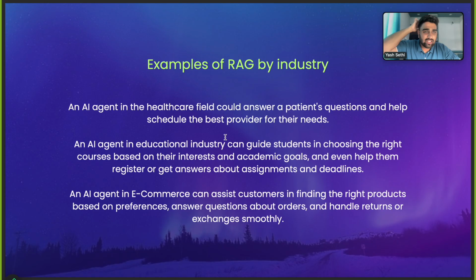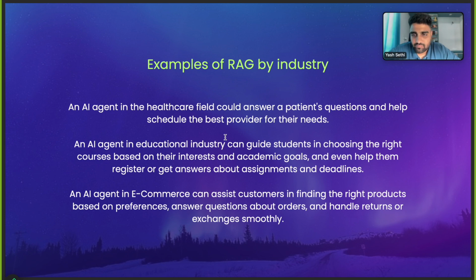So RAG is a process where your AI agent can have access to your unstructured data, whether it's a PDF, image, video, or Excel files, any type of unstructured data.